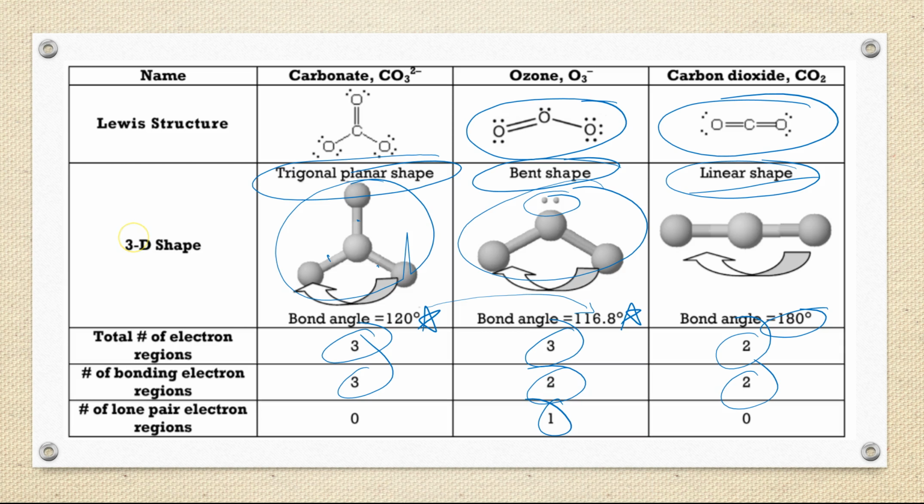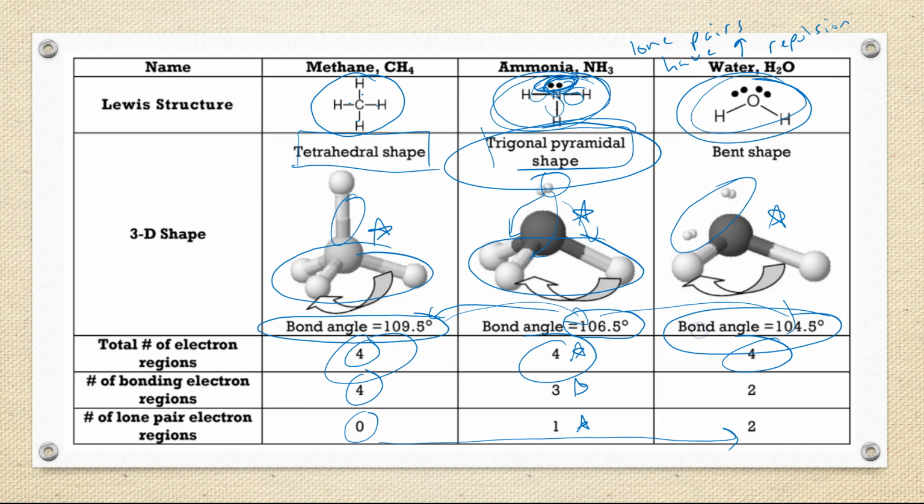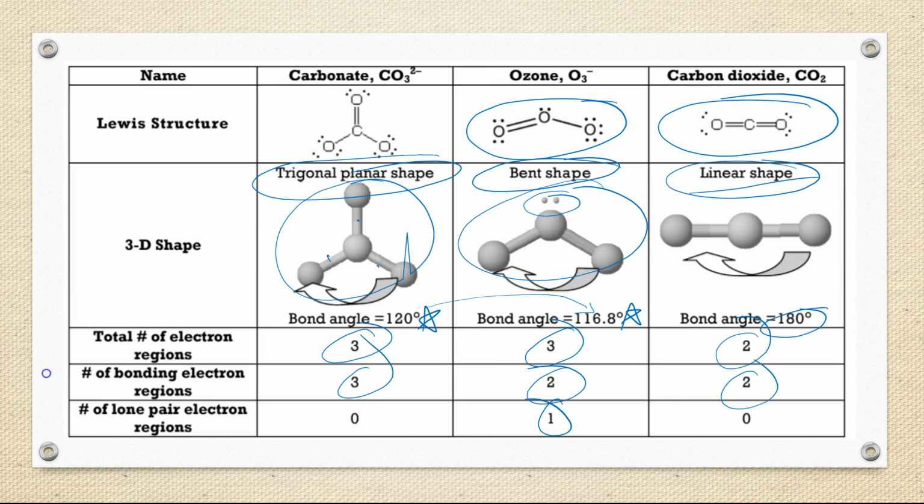By approximating that bond angle, we could say that if there are 4 electron regions, like we have for these 3, we're going to be between 104 and 110. For 3 electron regions, we're going to be between 116 and 120.